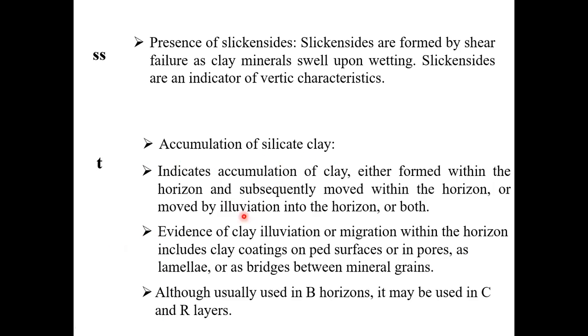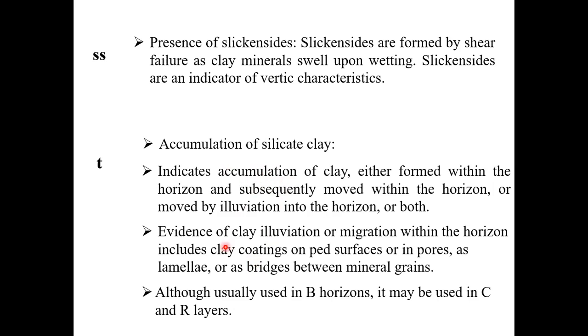T indicates accumulation of clay, either formed within the horizon or subsequently moved from another. Sometimes it may move elsewhere also. The evidence of clay illuviation or migration is the clay coating on the ped pores. Sometimes this accumulation moves in and around within the horizon only. Sometimes it subsequently migrates to other horizons also.